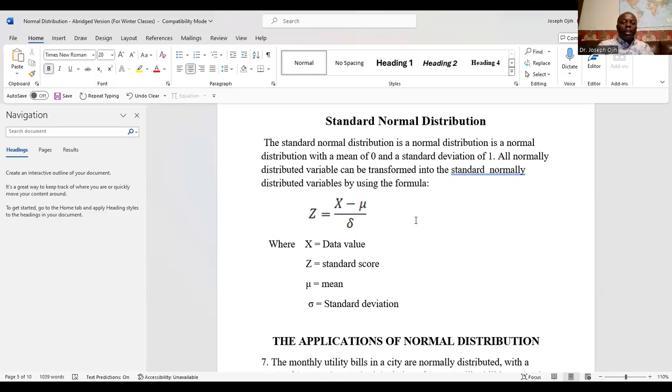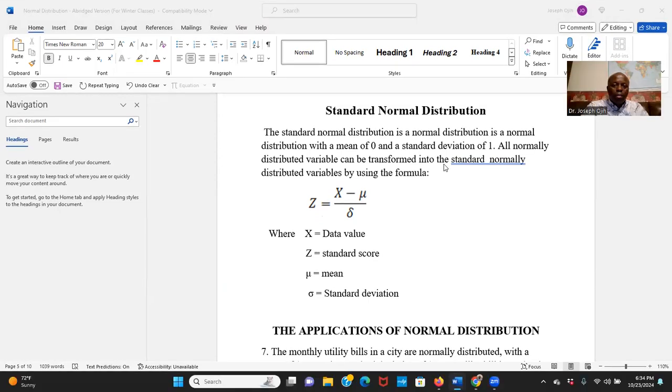The standard normal distribution simply means a normal distribution with a mean of 0 and a standard deviation of 1. All normally distributed variables can be transformed into the standard normally distributed variable by using this formula that you are seeing on the screen.